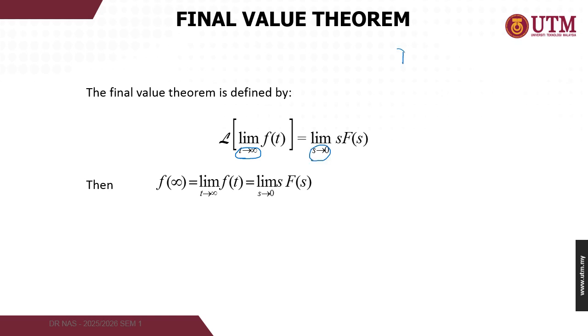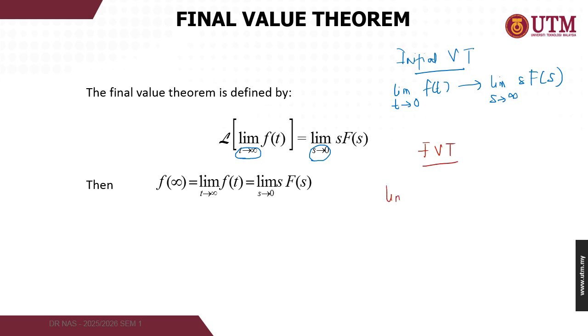So for the initial value theorem, we know it is the limit as t approaches 0 of f(t), and the limit as s approaches infinity of s F(s). But in the final value theorem, t approaches infinity.